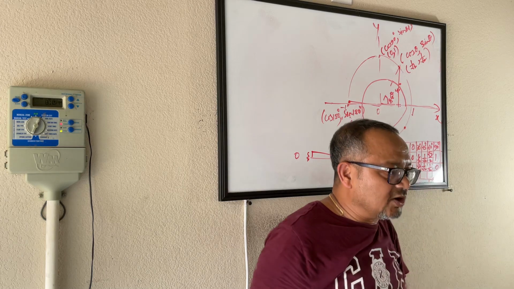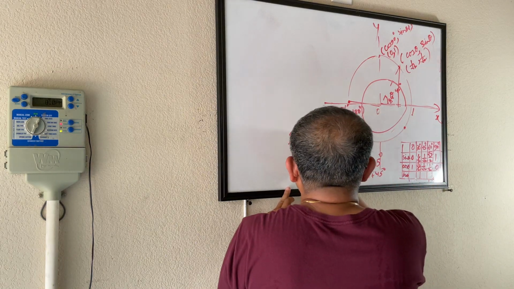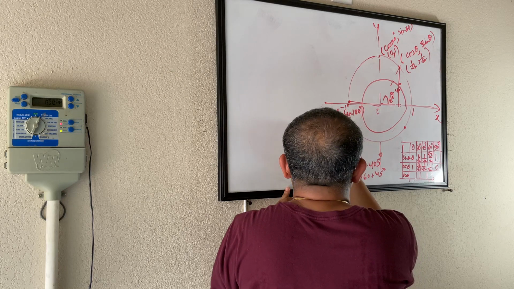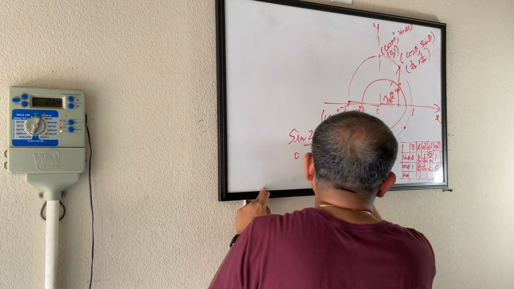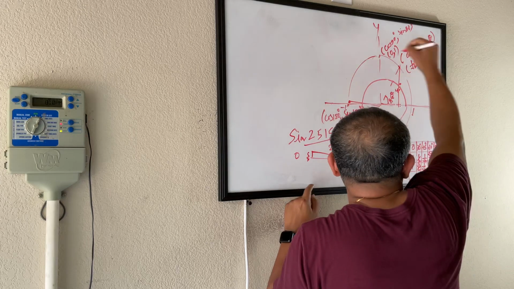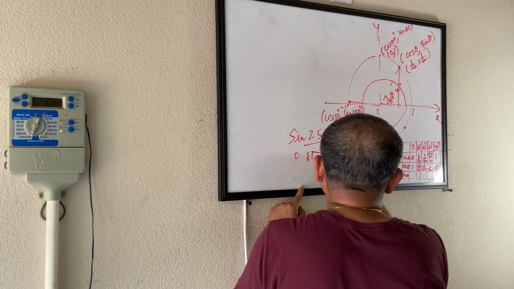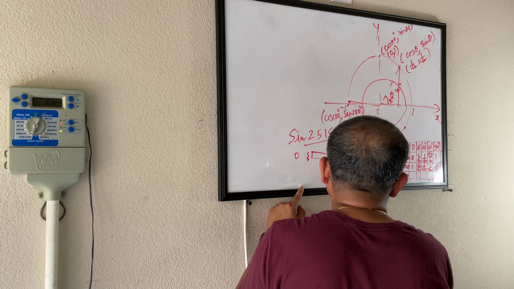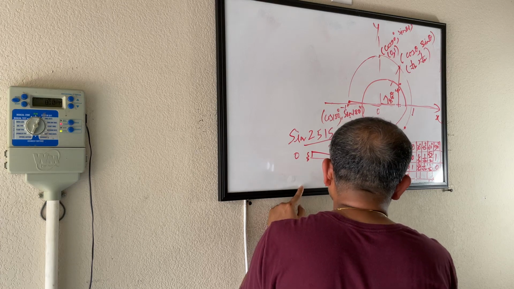Tomorrow if you have to find out sine of 2515, you will see how many iterations of 360 you can fit, because after every 360 it gets reset. 1 is 360, 2 iterations is 720, 4 iterations is 1440, the 5th iteration is 1800.